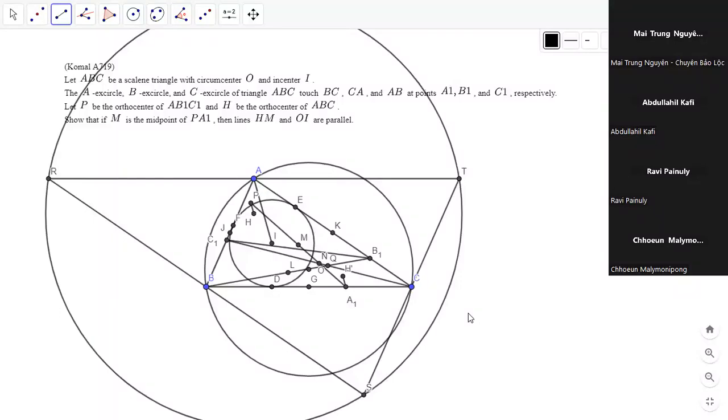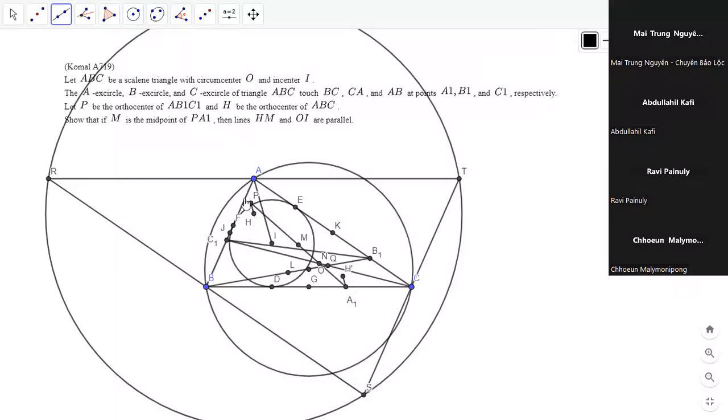Yeah, we have to use somewhere. So we know PH is parallel to AI. We have to use somewhere that P is the orthocenter of A, B1, C1. Because there's infinitely many points that are parallel to AI on this line.